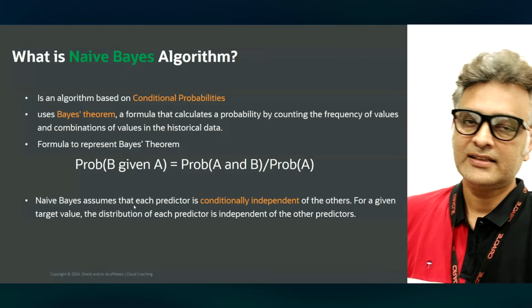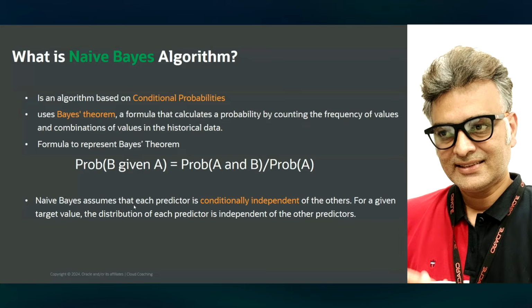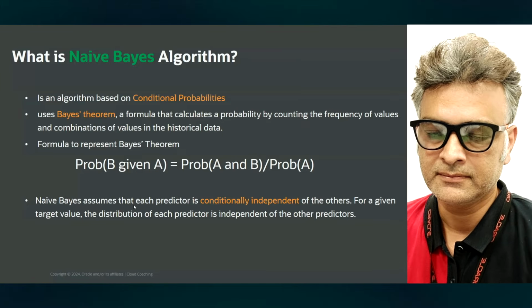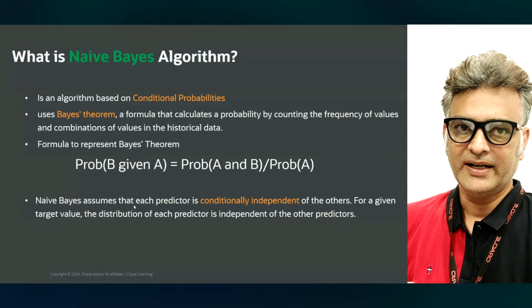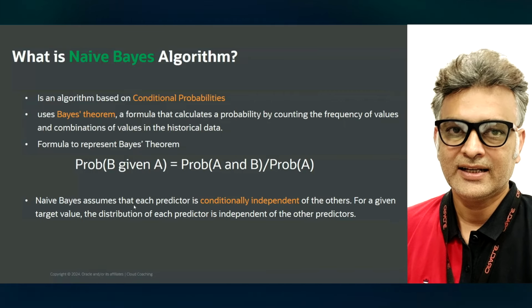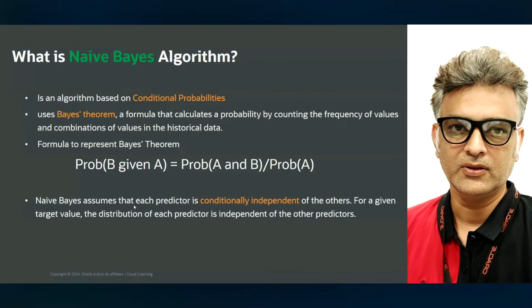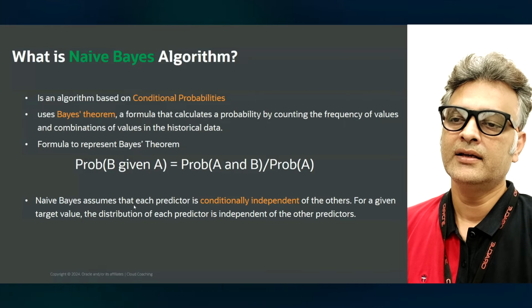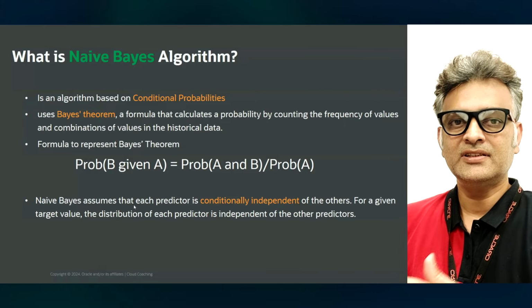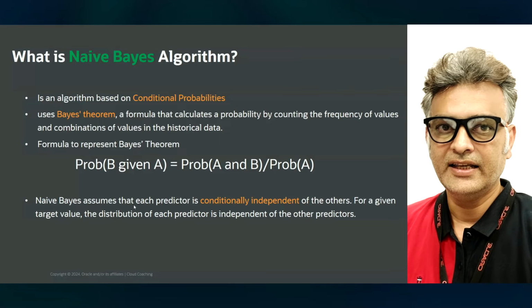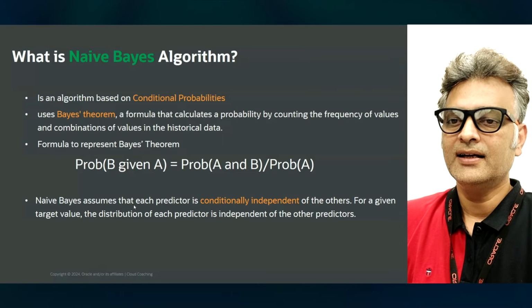Okay. Now let's take an example to understand this probability formula. Suppose I want to predict how many customers under the age of 30 would buy a car. In this case, my event A is customers under the age of 30 and event B is buying a car.